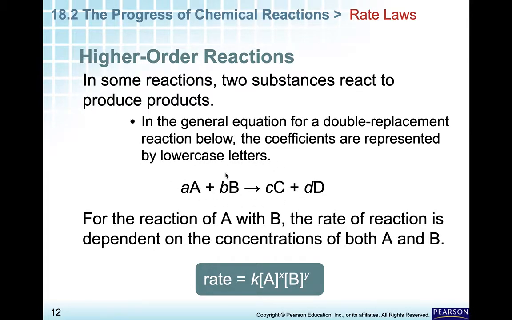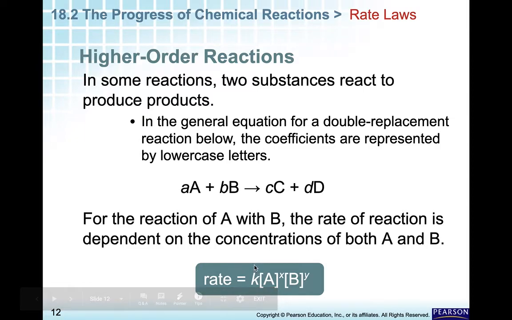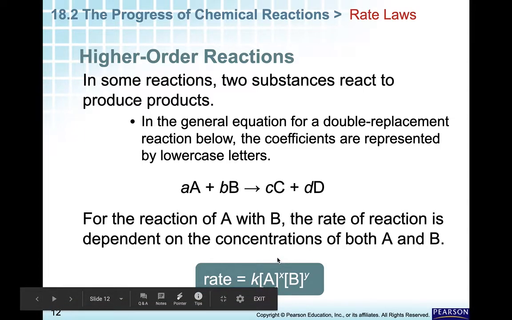We've got reactants A and B forming products C and D, where our lowercase letters are the coefficients for those substances. For any reaction, we can write the rate by putting in K, our rate constant, times the concentration of each reactant raised to an exponent.